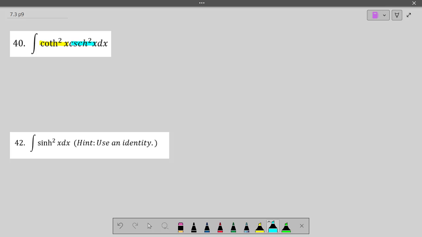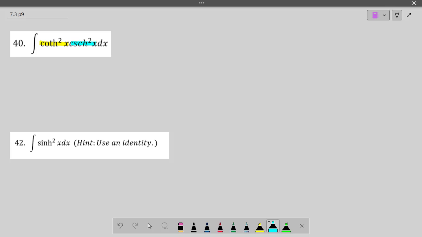Find the one that seems like the plausible substitution. So ideally, whatever you choose for u, its derivative is obviously present.